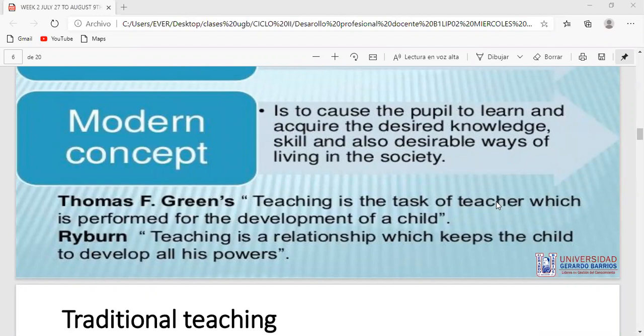So, the traditional method is focusing on the teacher. The teacher is the center of the class. In the modern concept, the teacher is just a guide for students.